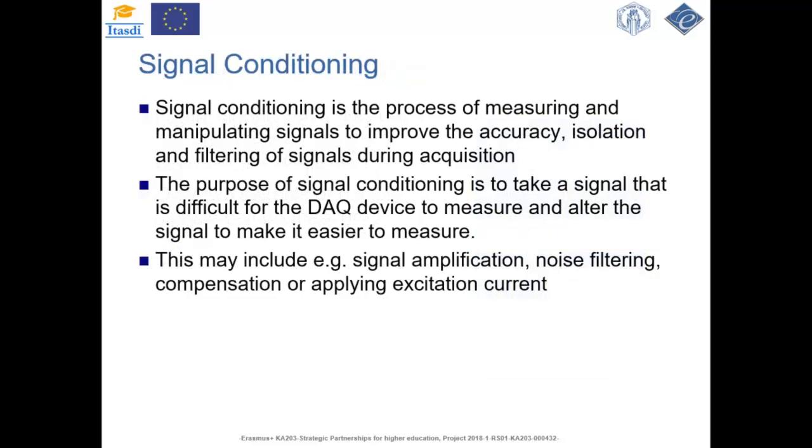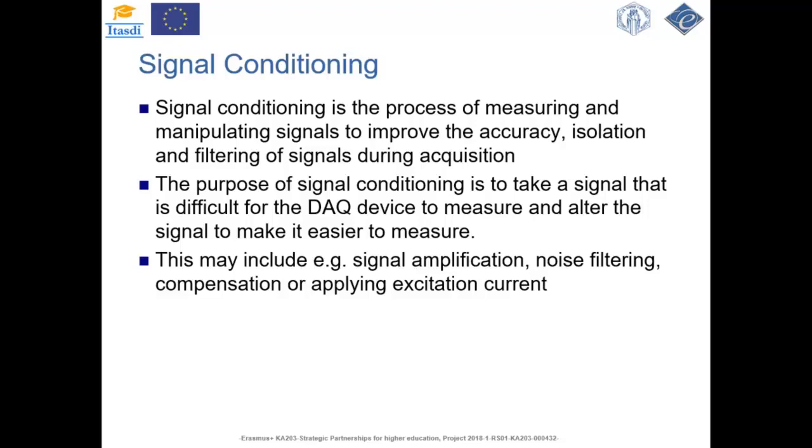So most often you cannot always connect the signal directly to a data acquisition device. And it's probably necessary to alter the signal to make it suitable for a DAQ device to measure. That's where signal conditioning comes into play. Signal conditioning is actually the process of measuring and manipulating signals in order to improve their accuracy, isolation, filtering, and so on.